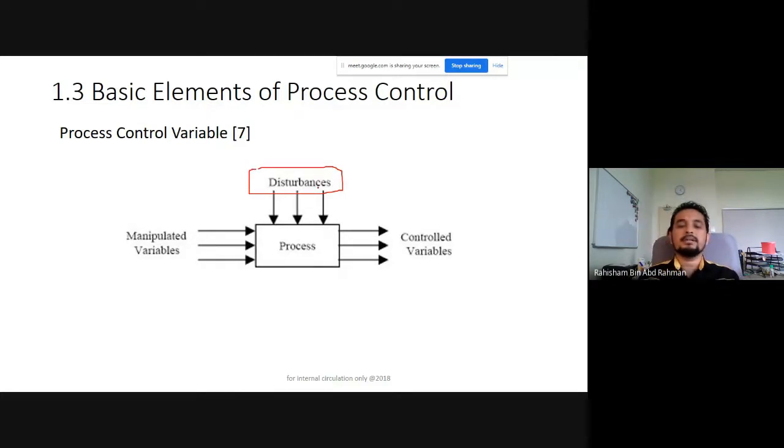Disturbance is something that we don't want, but we cannot eliminate or avoid in the system. For example, what are examples of disturbance? Anyone? One, Sabrina, example of disturbance. What do you think, or what could you think? Something that we don't want that can affect our process.